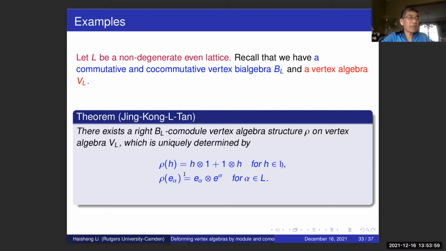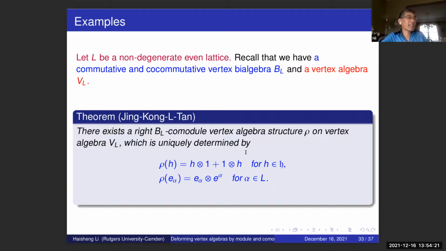Actually, this comodule map is exactly what we mentioned: V_L and the group algebra are essentially the same space, just a different structure, same space. And if we think about the original classical coproduct map Δ, that is exactly this ρ. That's Δ becoming ρ.